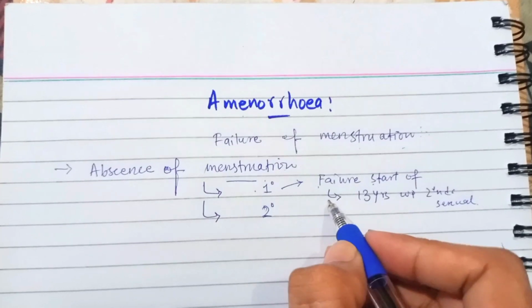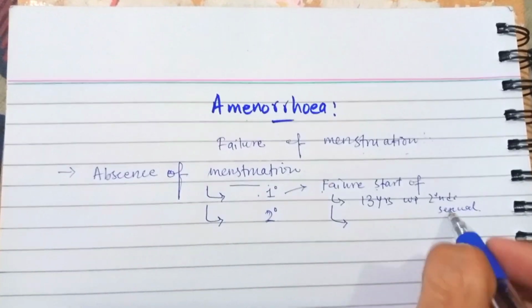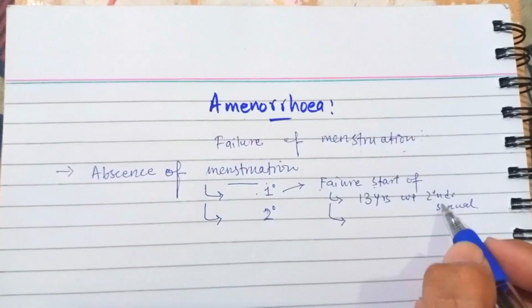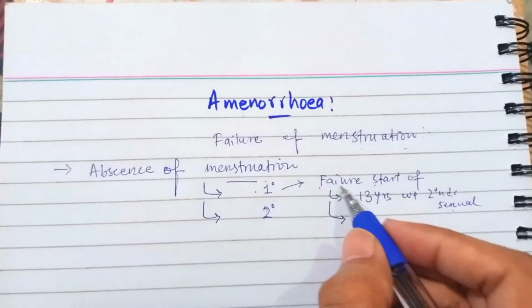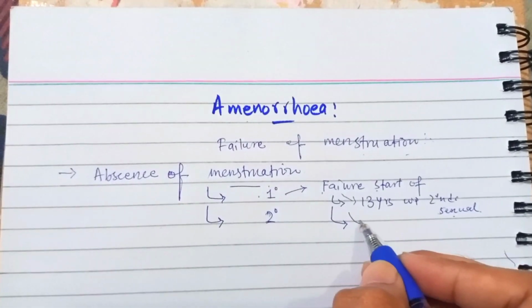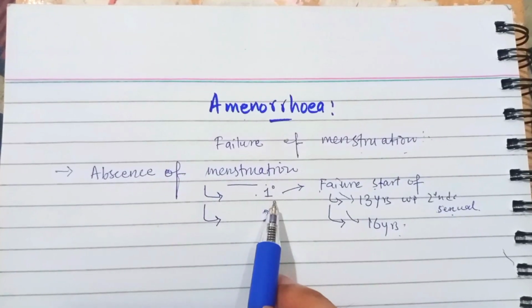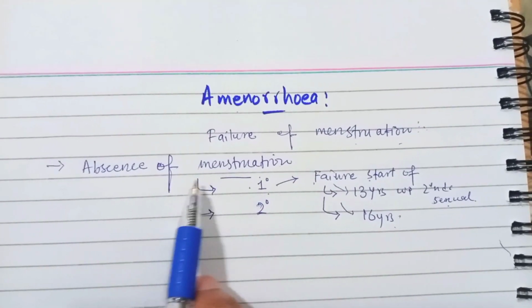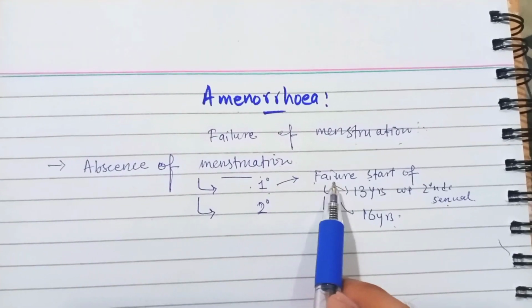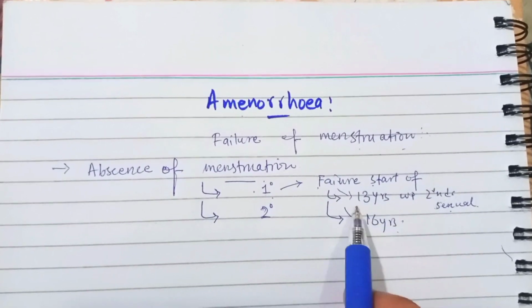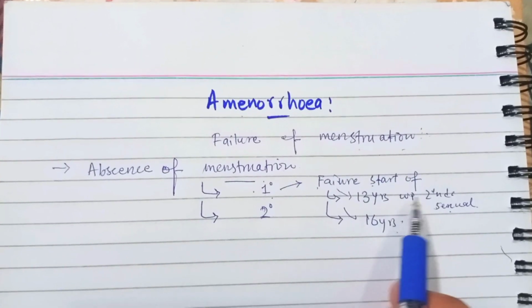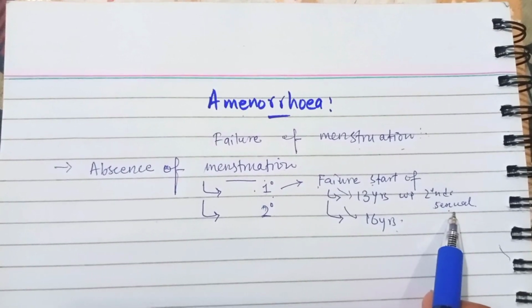But if the secondary sexual characters are not developed, then we take the age of 16 years for primary amenorrhea.